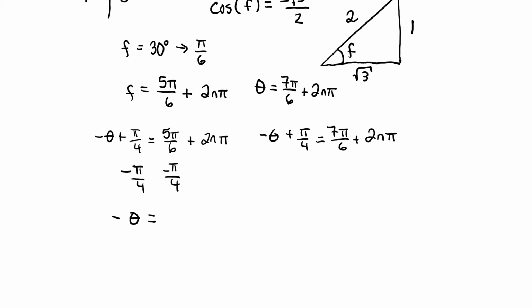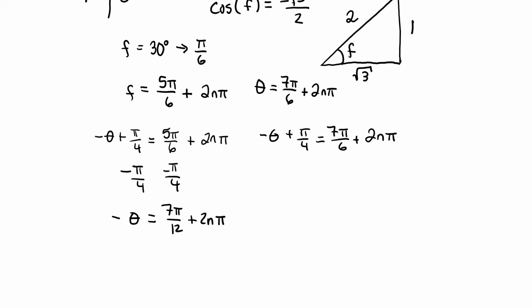Well, remember we have to find the common denominator, which is going to be 12. So 5/6 translates to 10/12, and 1/4 translates to 3 over 12. So 10/12 minus 3/12 is 7/12, or 7 pi over 12, plus 2n pi.